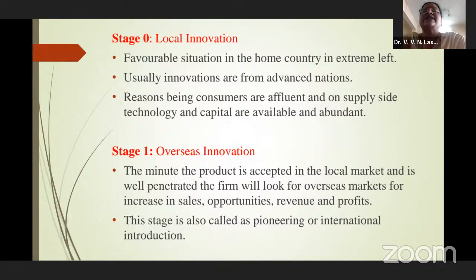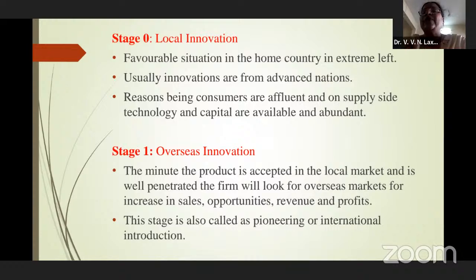Now, the first stage, we call it stage 0, the local innovation. That is, a company has got an innovation in its hand, and this innovation was introduced in the home country, where the company exists and where the company's headquarters exist.